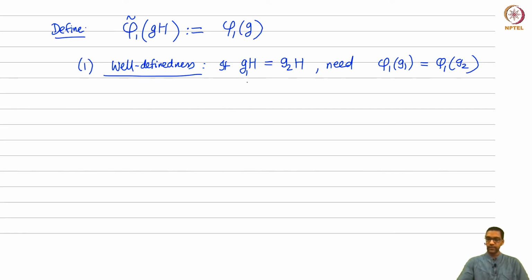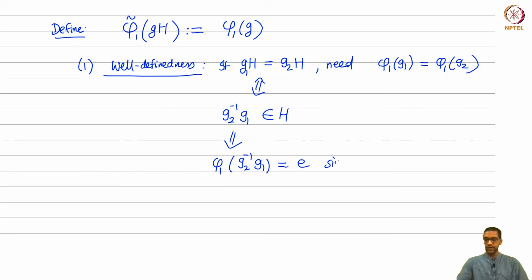What do we know? g1H equals g2H is the same as saying, in fact, that g2 inverse g1 belongs to H. But remember, H is contained in the kernel. So in particular, if I evaluate phi 1 on it, since H is contained in the kernel, I've used the property that's given to me.